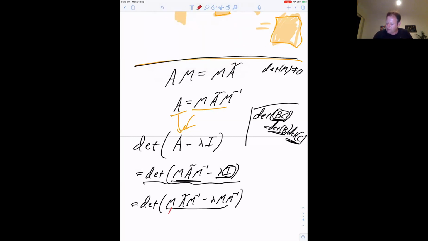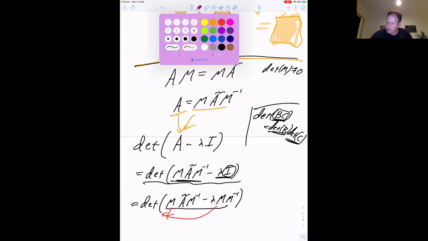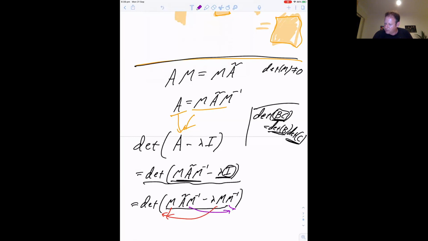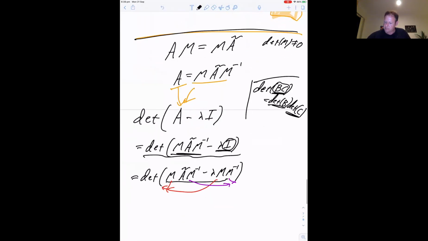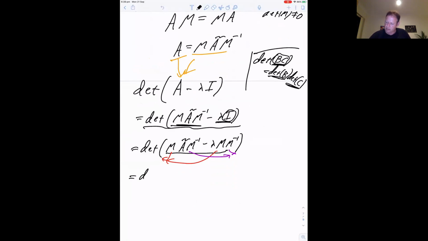I can factor these two M's out, and I can factor these two M tildes out. So that's the determinant of M times A tilde minus lambda I times M inverse. And the determinant of a product is the product of determinants.